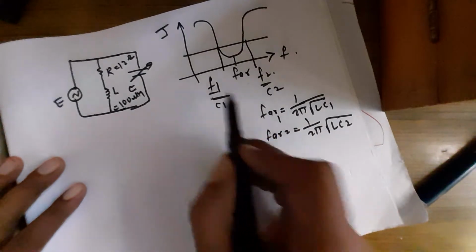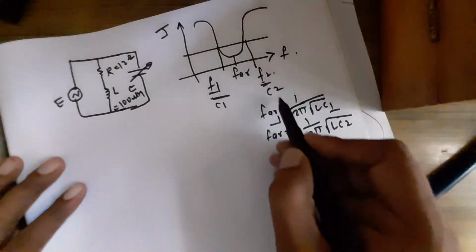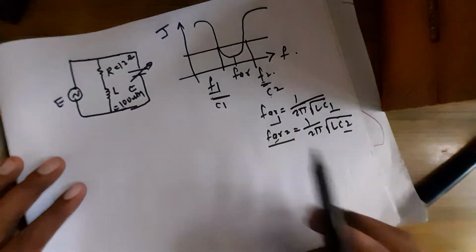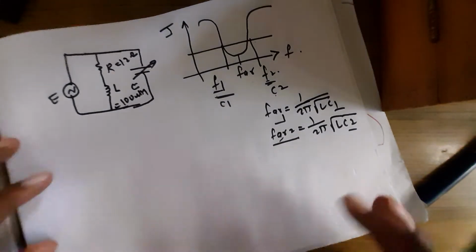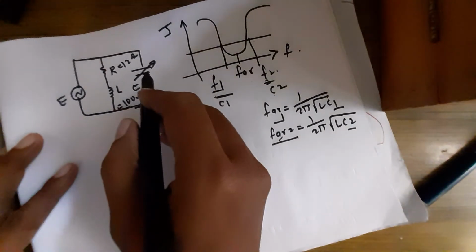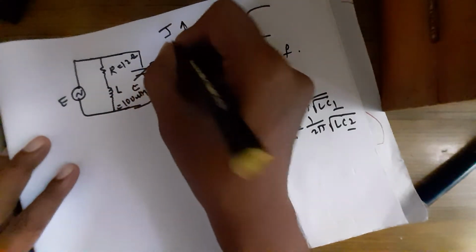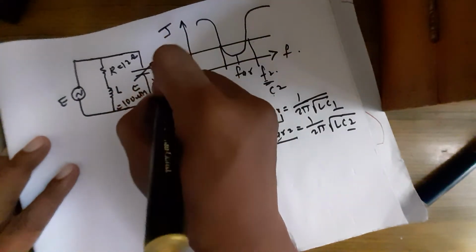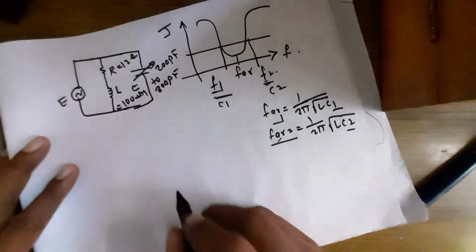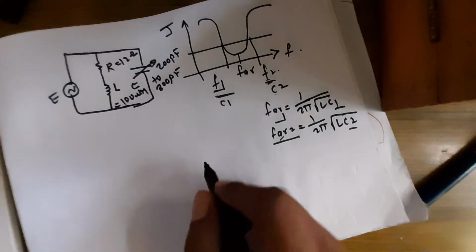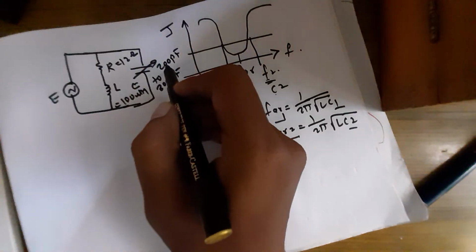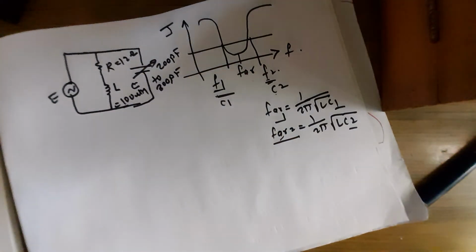They have given the variable capacitor range as 200 picofarad to 3000 picofarad, where picofarad means 10 raised to minus 12.